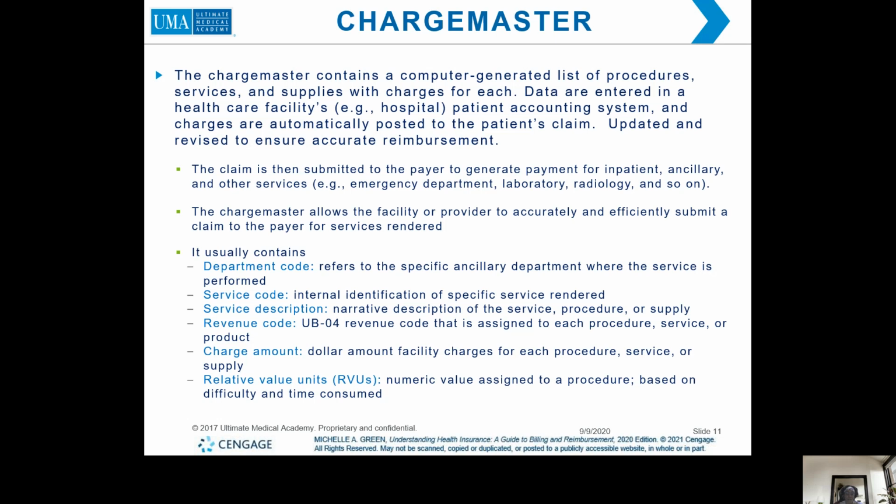Every single particular charge for any department in the hospital has to be in that system: laboratory, X-ray, maternity, ER, oncology, anything. Everything has to be in that system, and there are particular codes that are in the charge master.